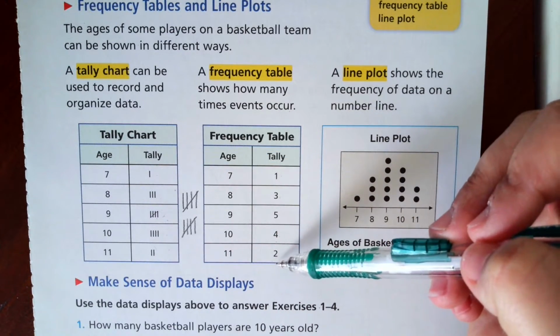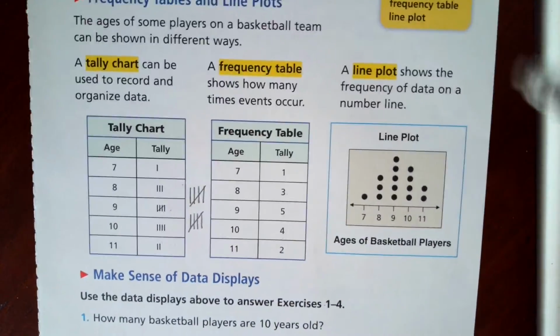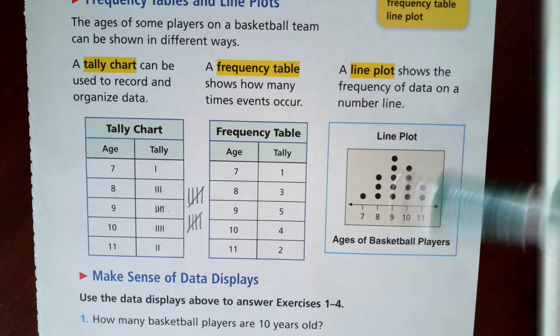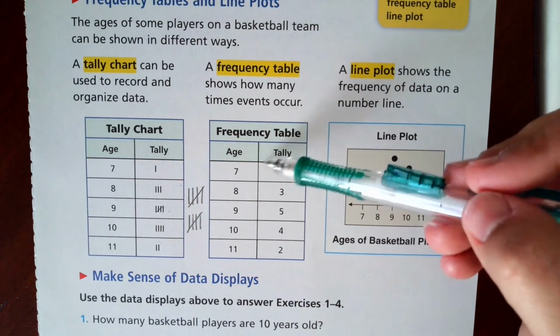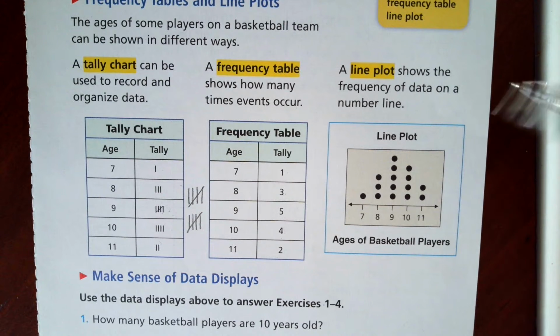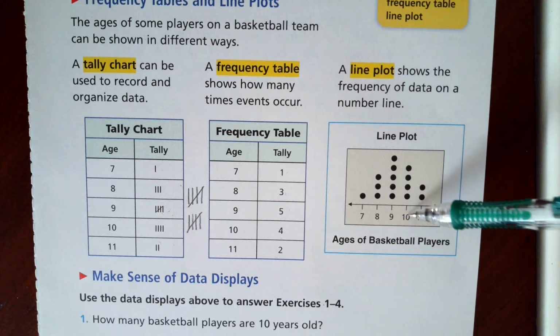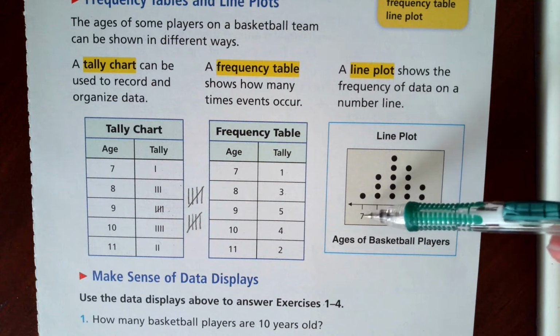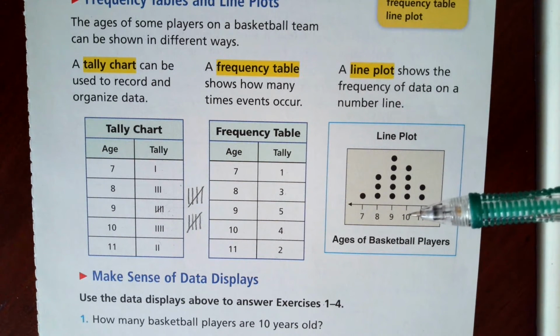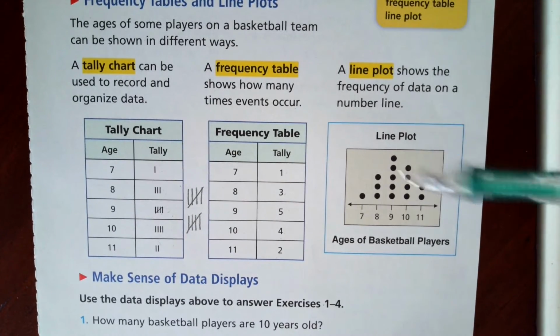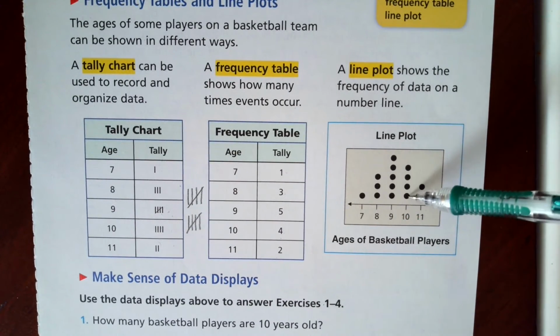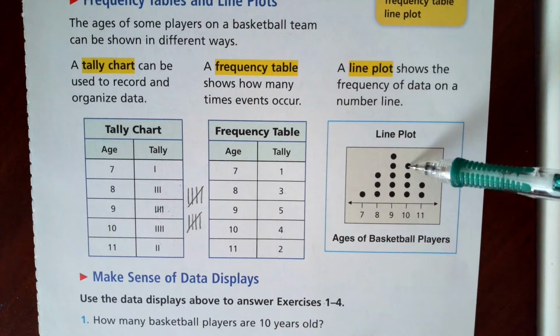There's your 2. Okay. And finally, you can make what's called a line plot to show the frequency of the data. So on a line plot, you have numbers down here. And then for each piece of data, so for each tally gets a black dot.